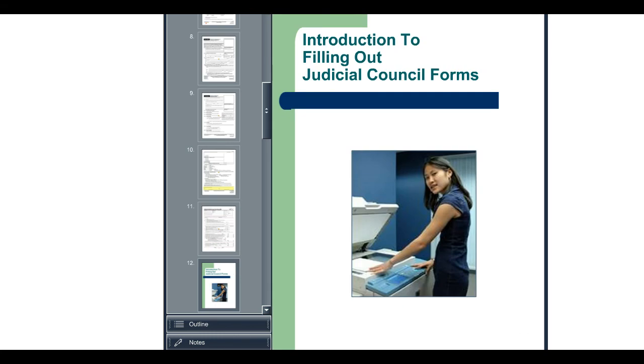Make copies of all your forms. If a form has writing on both sides, make sure you copy both sides. Always keep a copy for yourself. Keep a clean copy of all of your court papers in a folder in a safe place.